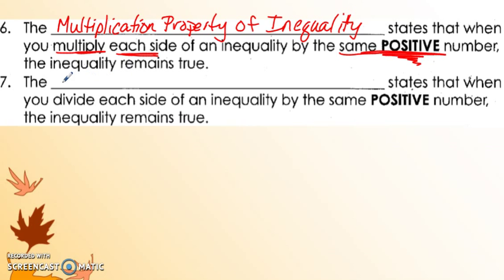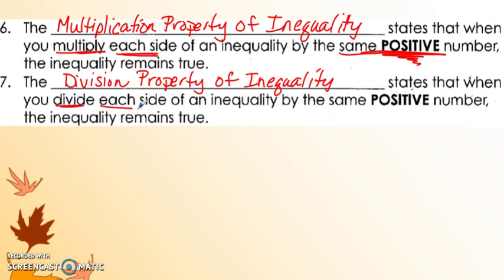The division property of inequality states that when we divide each side of an inequality by the same positive number, that inequality remains true.